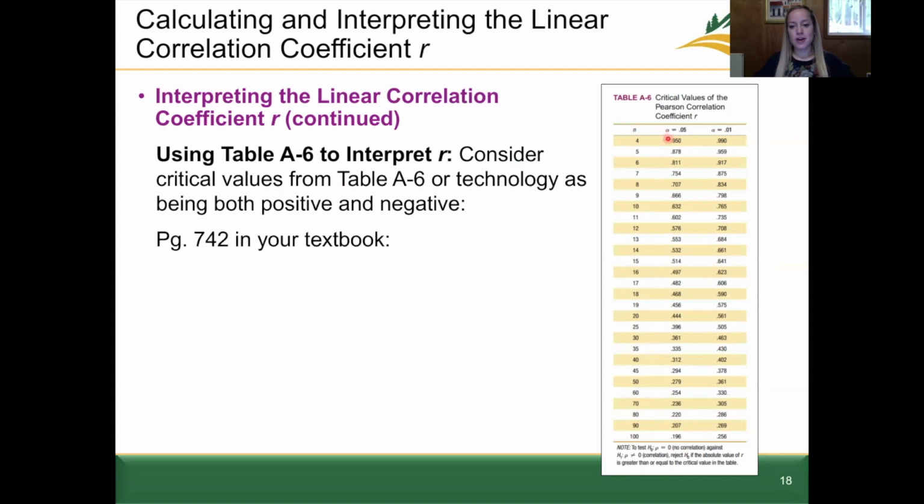Then the two other columns show an alpha value, a significance level of 0.05 and 0.01. We'll talk about what value to use for N, and then it depends on what significance level, if you have 0.05 or 0.01, for which column we look at. We'll practice doing this later in 10.1.